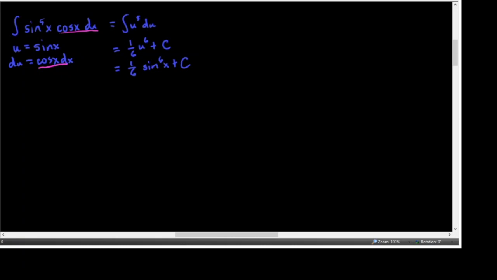So what you need to be aware of for this one where you have a power of sine, say they use m, of x times the power of cosine of x dx. There are a few things that you need to remember about sines and cosines and being able to write one in terms of the other, which is a big part of what this involves.